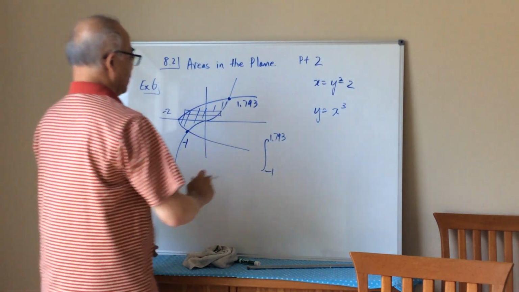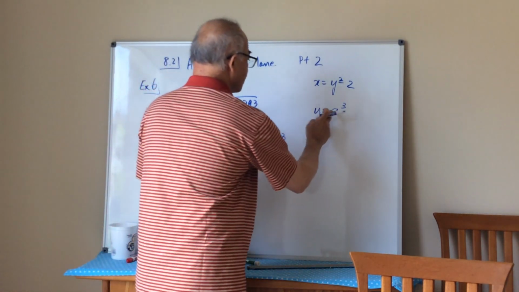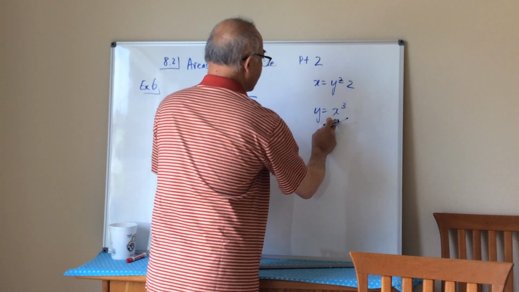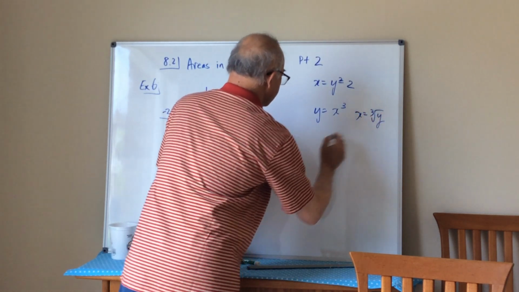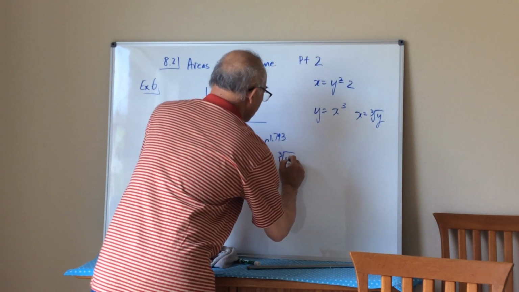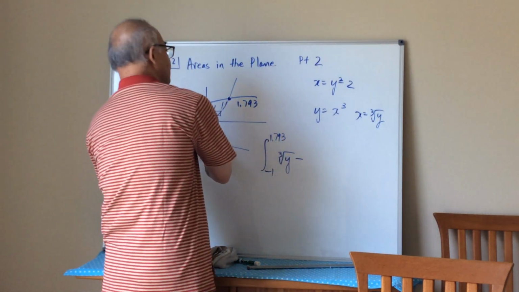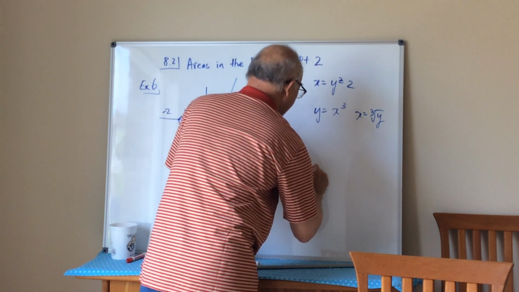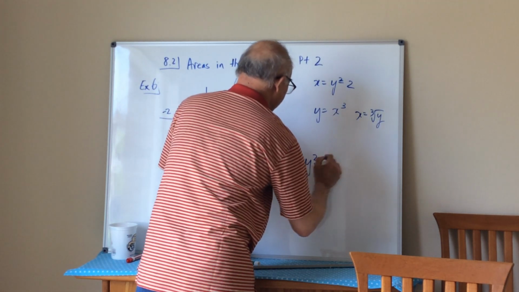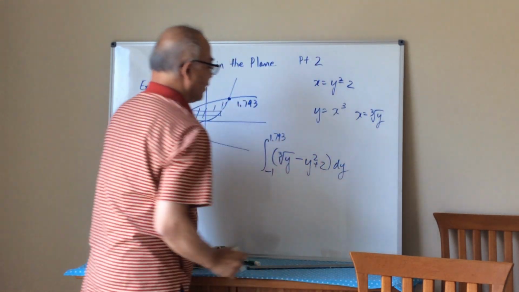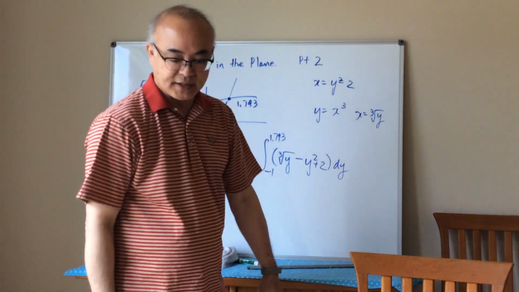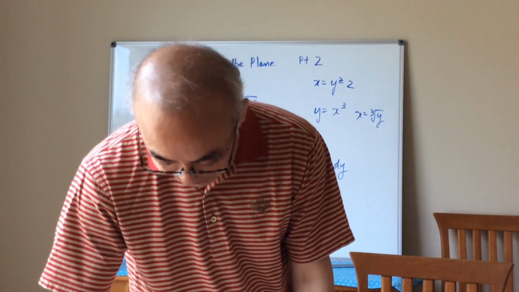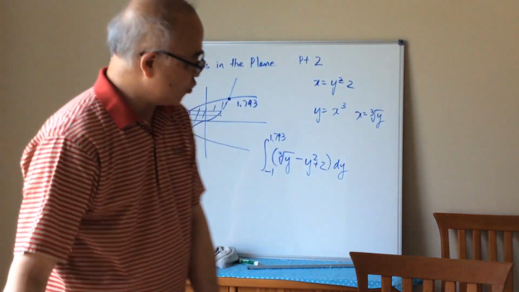This guy is larger, but I have to express it in y, so x is going to be cube root of y, minus this guy, dy. So basically I'm going to just go ahead and integrate this numerically, and I get 4.21.